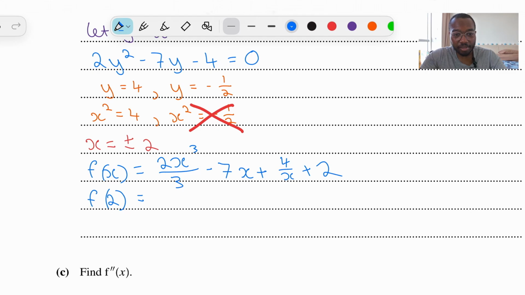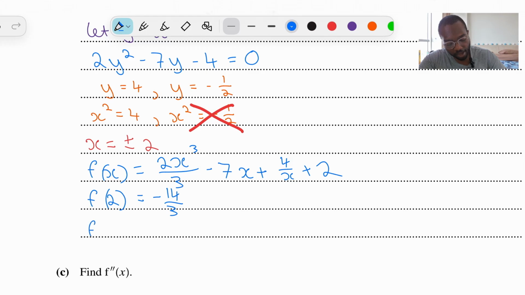Okay. Now f of 2, if you work all this out, I'm just going to save time, I'm not going to go through the workings, but feel free to put this into your calculator. If you put 2 into x, then you would get minus 14 over 3. Okay.